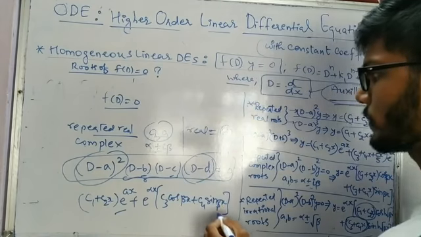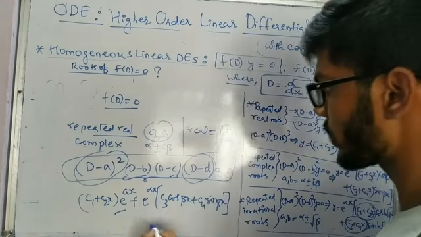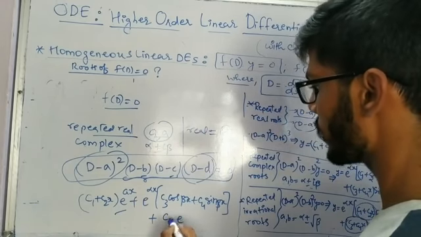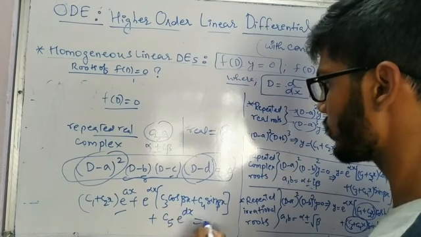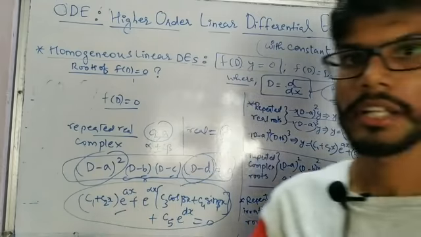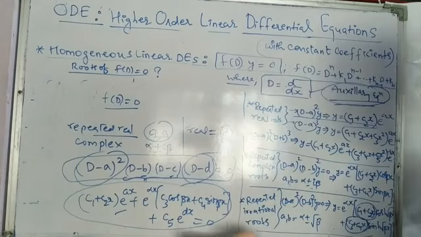And now the root is small d, but it is not repeated real root, so we are going to get the exponential term. So c5 e power dx. So this is as simple as that. We have to keep in mind the individual formulas, and if we are getting the combinations of any of them, we can write the solution directly.